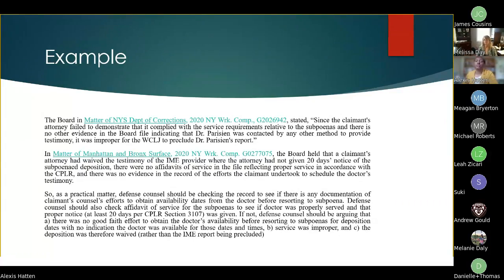So what's important there is that you can't just resort straight to subpoenas. You actually have to attempt to schedule the deposition first. And then if you're unable to get a hold of the doctor, then you subpoena.